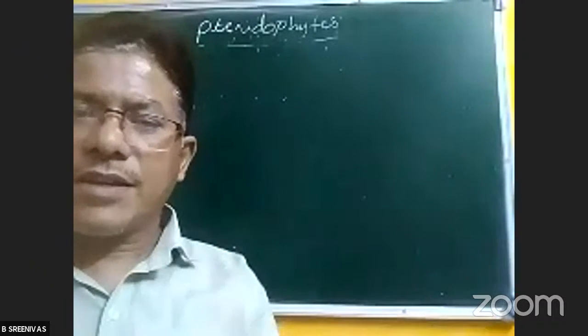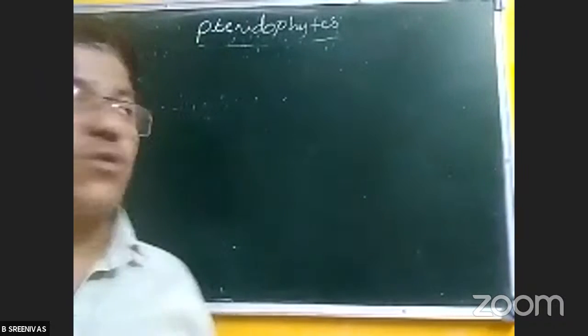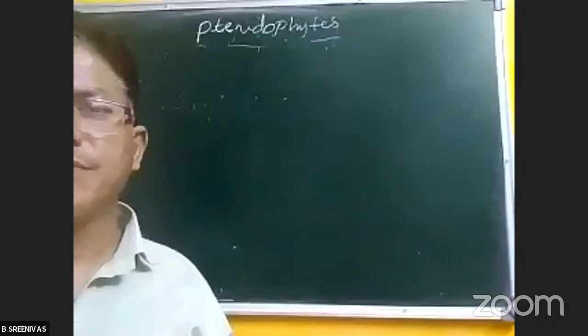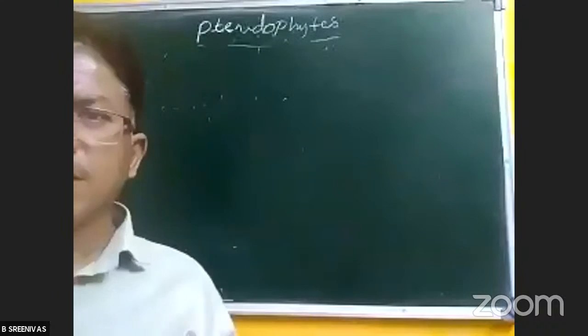So again, I brought the camera close to the board. Is it okay now? Just observe. Little okay, sir. If I bring it very close to the board, all the board cannot be covered. Okay? That means I will write big letters.